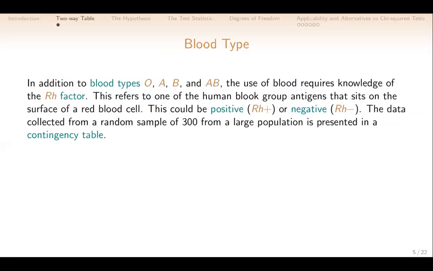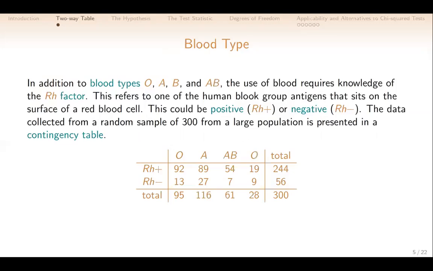And so if we collect the data from 300 individuals from a large population, I got this from a textbook. I was unable to get online yesterday to get you a more fun or interesting table. Here's the table I came up with. So you can see A is the most common blood type.